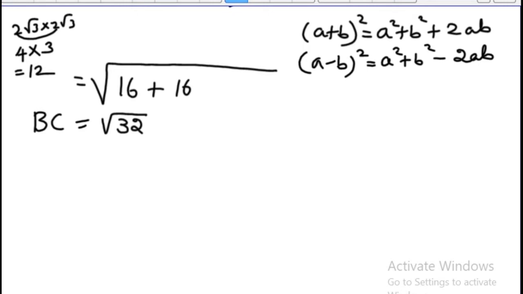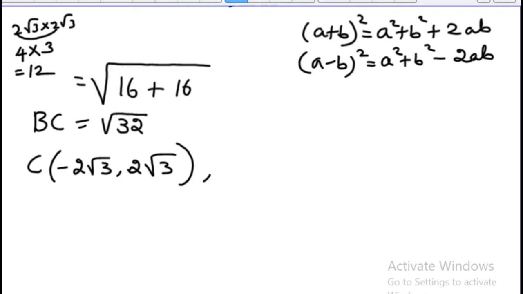Then next one, CA. Okay, C is (-2 root 3, +2 root 3). Then A is the point (2, 2).